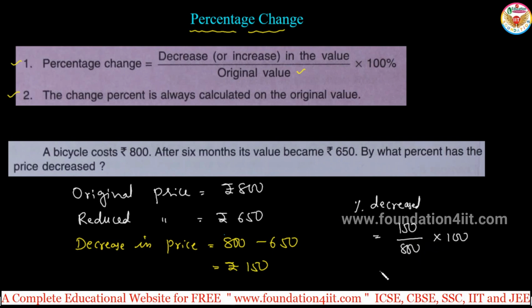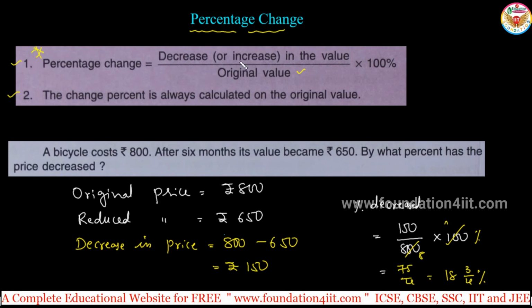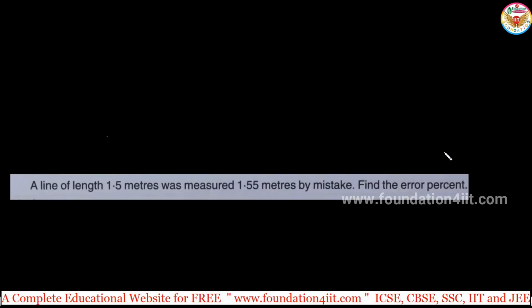Simplify this and keep the percentage symbol. 100 times 8 is 800, so 150 by 8 is 75 by 4. So that is 18 3 by 4 percentage. This is the important point: percentage change is the change in value, whether decrease or increase, by original value into 100. Okay, let us see one more sum.